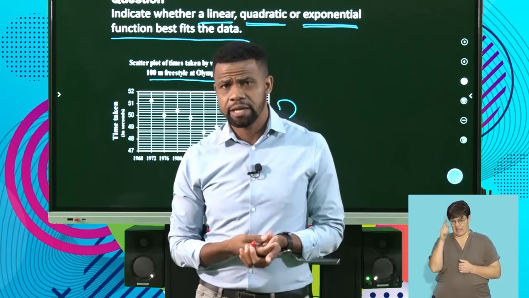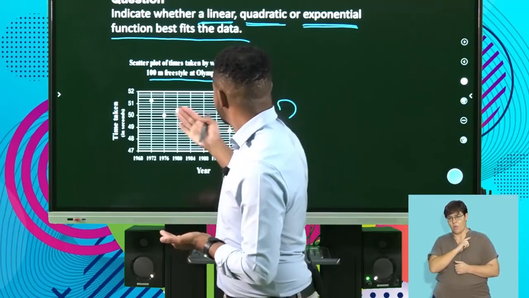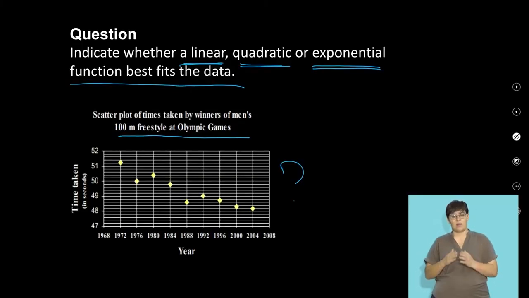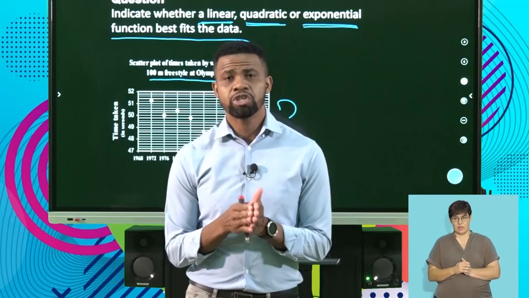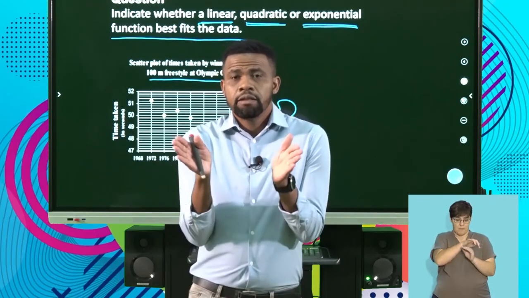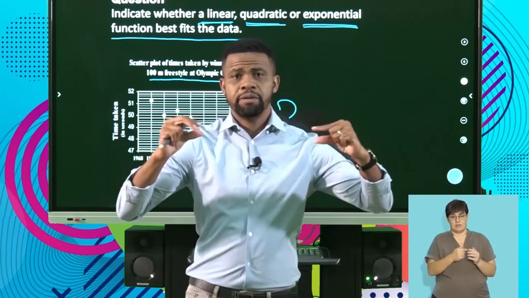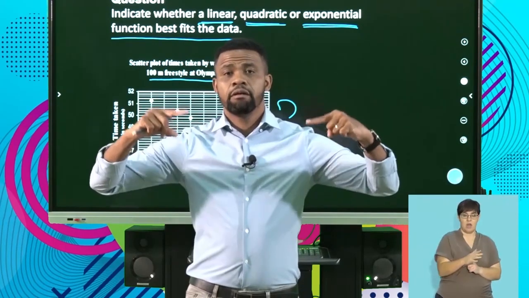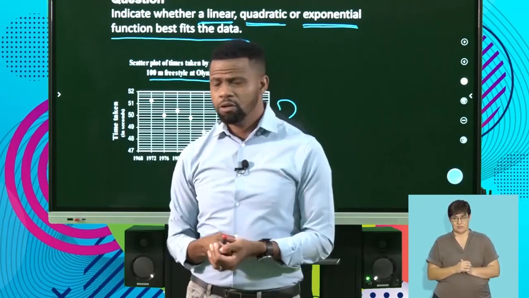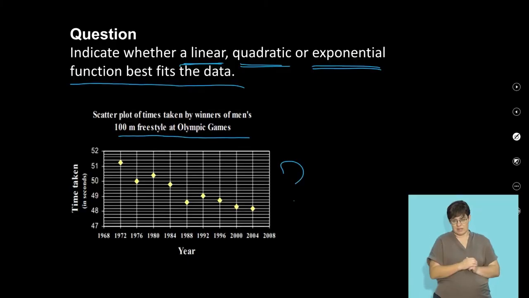I think this is a linear relationship because the data given here follow a linear trend. I can draw kind of a straight line. If I draw a straight line, the points will not deviate much from the straight line. Not a parabolic, okay? Maybe some might argue and say exponential.